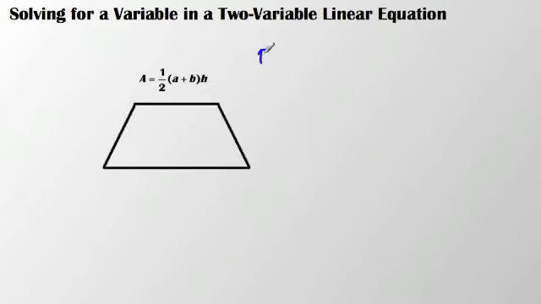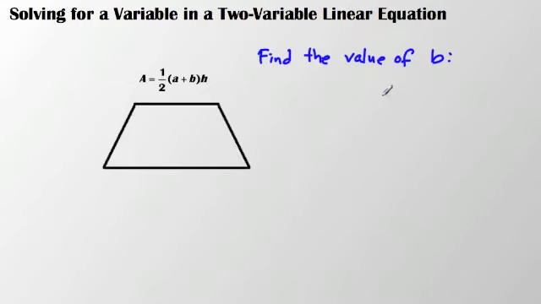For example, the equation I have in front of you, we all know, is the formula for finding the area of a trapezoid. But let's say that I was always given values and was trying to find the value of b for a specific number of situations.